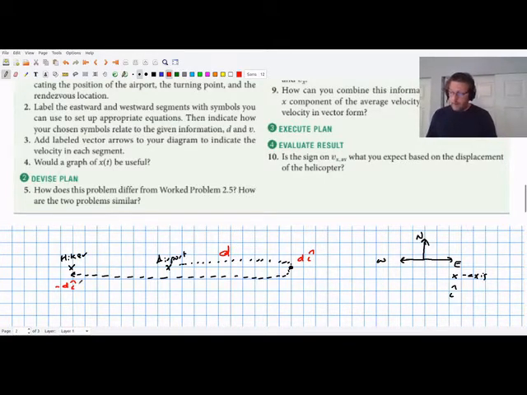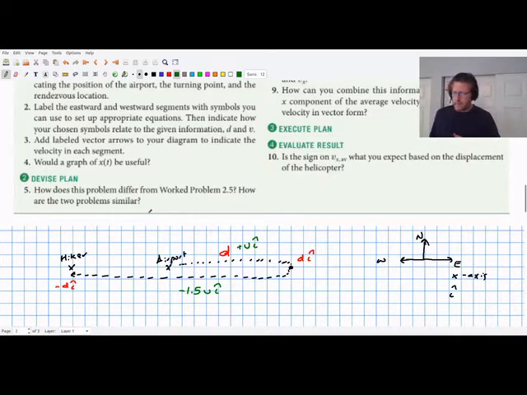And then I probably want to show the velocity of each part. So in this leg, the velocity is plus v i-hat. The v is standing for the magnitude of the velocity, and the i-hat is telling me the direction. And then in the return leg, as they're going all the way back from d i-hat, the velocity is negative 1.5 v i-hat. So the i-hat tells me the direction, the v tells me the size, and the negative tells me it's to the west.